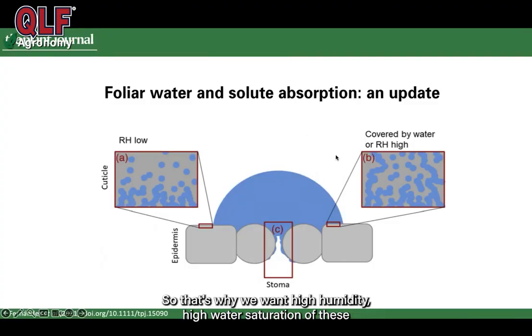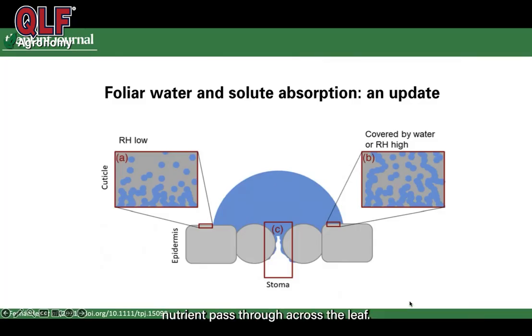So that's why we want high humidity, high water saturation of these flexible, permeable cuticle layers. Now we've created this bridge for the nutrients to pass, unlike here where all of that water is very retracted at the base, which is limiting the nutrient uptake, the nutrient pass through across the leaf.